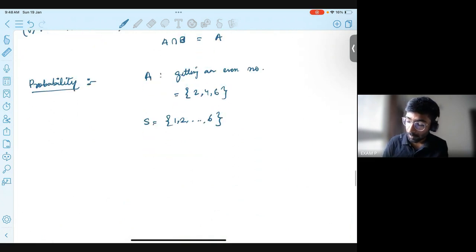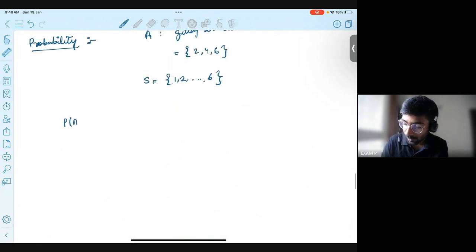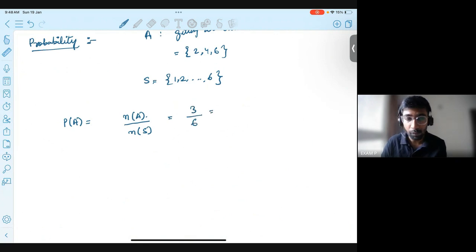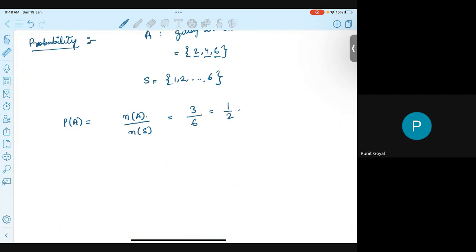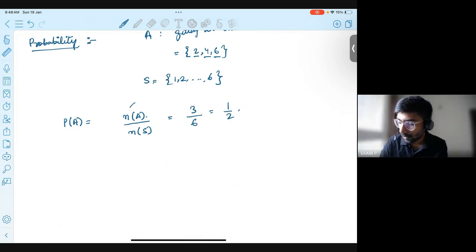If I want you to calculate the probability of this event A, it is the number of outcomes that satisfy event A divided by the number of outcomes in the sample space. That is 3 upon 6, where N is counting the number of sample points. So half is the probability. This is how you calculate probabilities, right? This is basically the favorable cases, and here this is all possible cases.